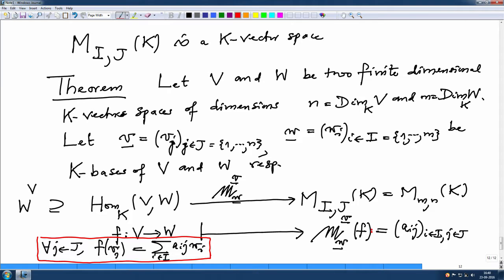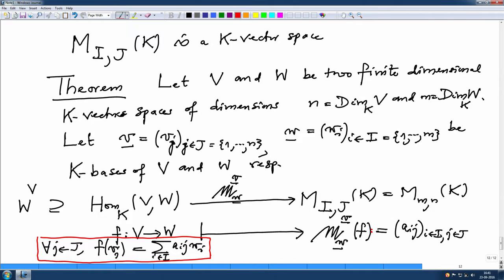So we have a map. Now I am going to prove that this map is a k linear map, and then we will check that this is actually a bijective map. So it will be an isomorphism of vector spaces, and therefore we can compare the dimensions. This dimension we already know, it is the product of the dimensions. Therefore the dimension of M_{m,n}(k) will be the dimension of V times the dimension of W, which is mn.